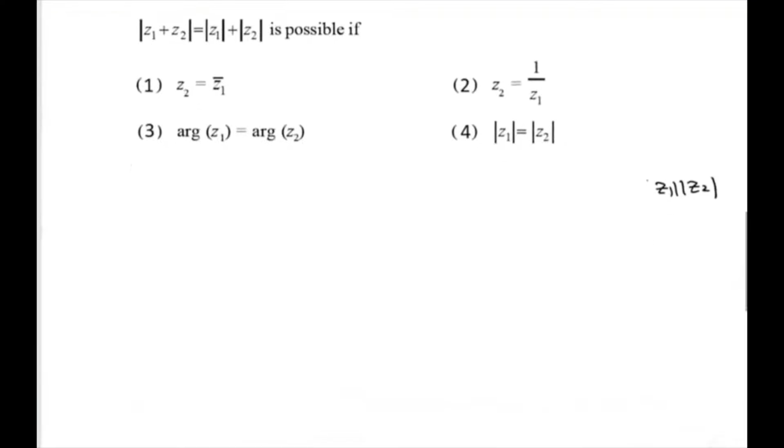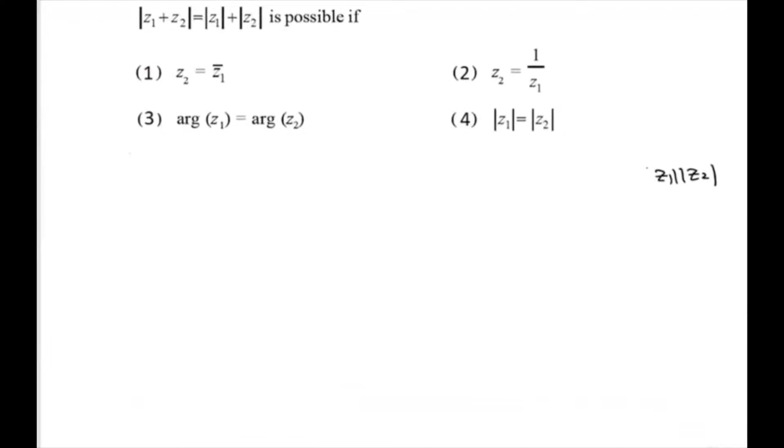So given modulus of (z1 plus z2) is modulus of z1 plus modulus of z2. Now square on both the sides.